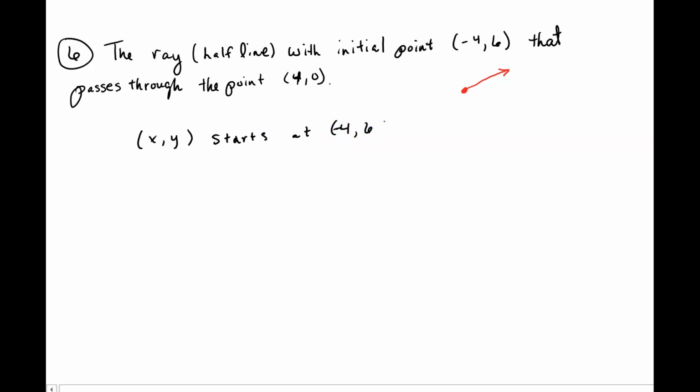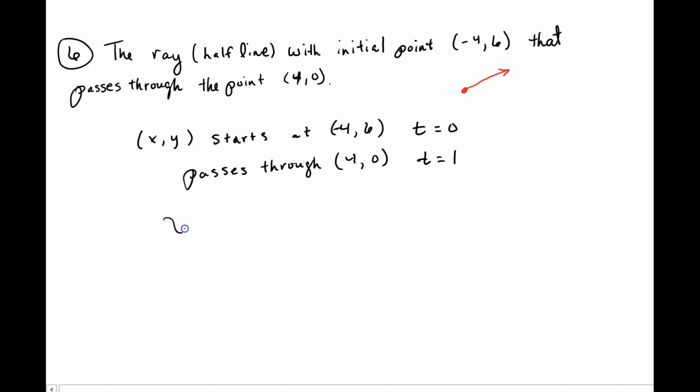This is going to be when t equals 0. And then, let's say when t equals 1, it passes through 4, 0. So there's kind of where we're going with our parameter here.